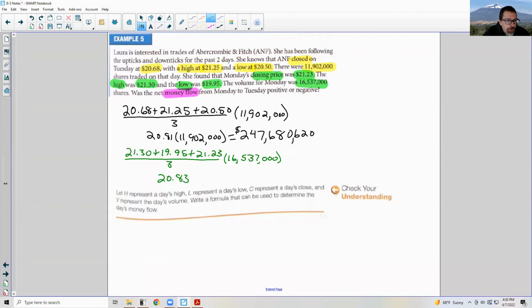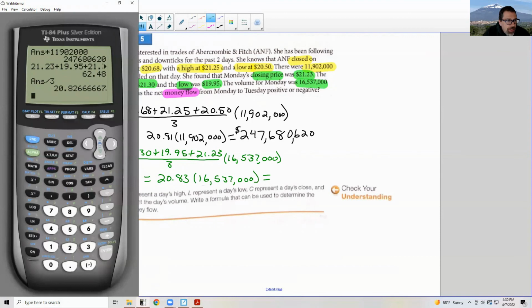I am not going to round that because that would make a big difference multiplying by 16.5 million. So I'm just going to use this number right here and simply say times 16,537,000, enter. And I got 344,410,586.